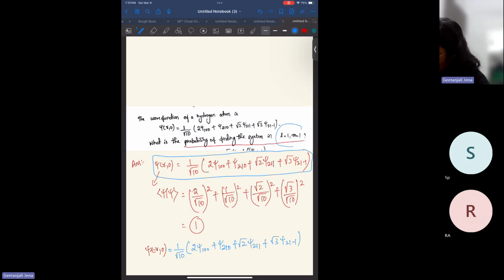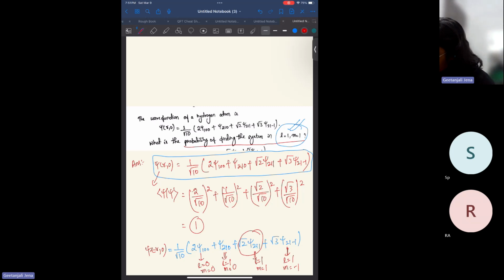Now it is asking for the probability for L equal to 1, M equal to 1. So we have to see for which eigenstate we have these values. For this one, L equals 1 and M equals 1. For this one, L equals 1 but M is 0. For this one, L is 0 and M is 0. In this one, L is 1 but M is minus 1.